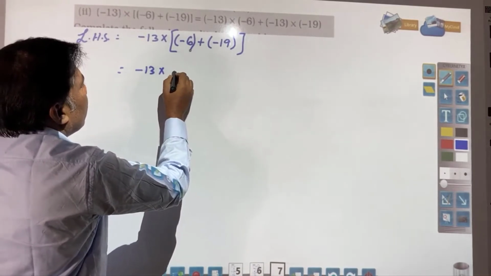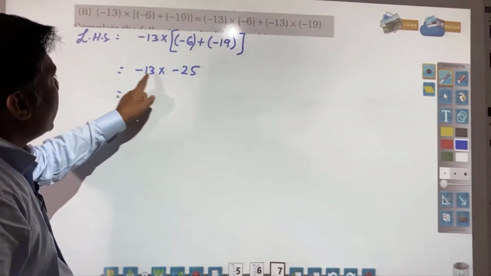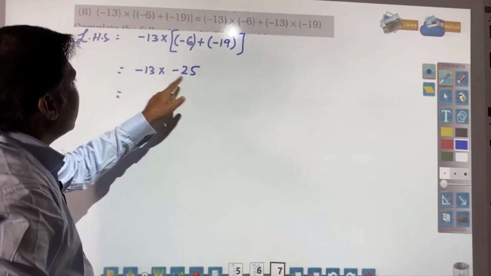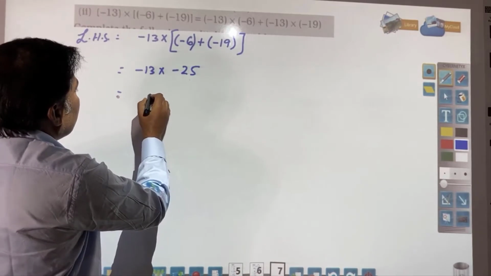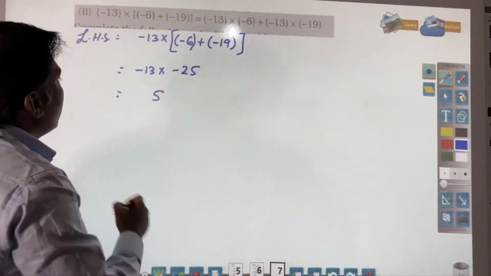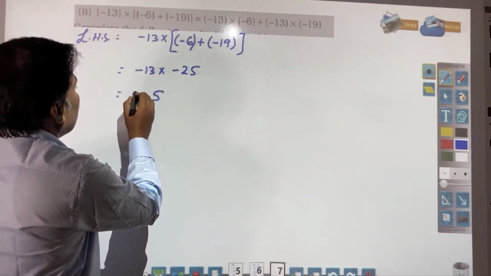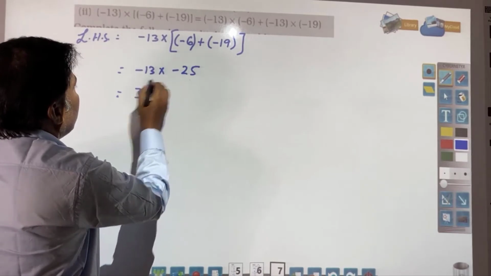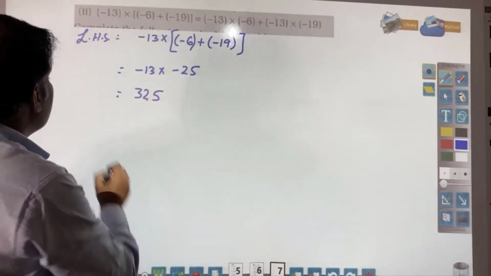So this will be minus 25. Now you need to multiply this. 13 5 is 65, 6 you have, 13 2 is 26, and 6 will be 32. And sign will be positive because minus into minus will be plus.